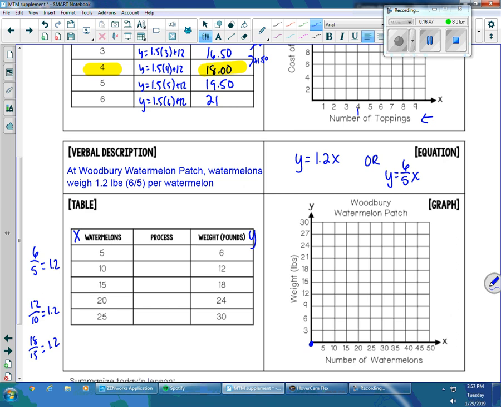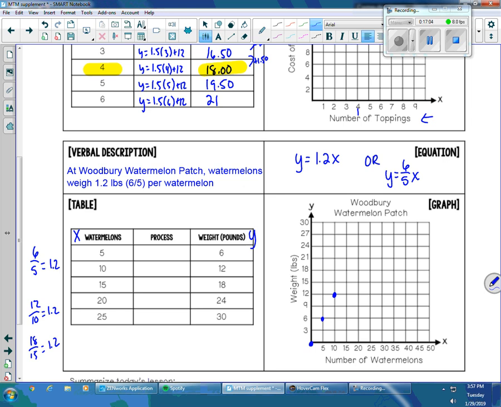At 5 watermelons, I've got 6 pounds. At 10 watermelons, I've got 12 pounds. These are all integer coordinates that are going to be on here. At 18, ooh, 18's not on here. Oh, 15 is on. Okay, I'm spacing out.